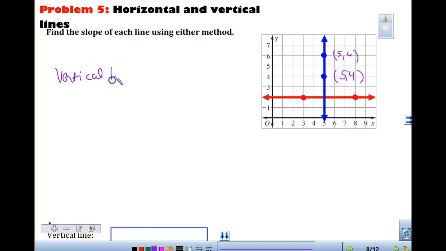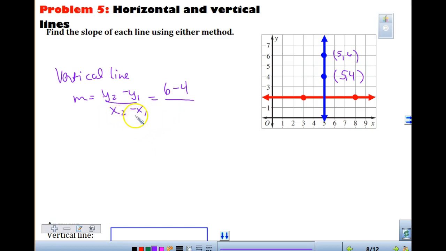So for the vertical line, if we are finding the slope, we are going to take y2 minus y1 over x2 minus x1. Zach, which one do you want to be your second point? The 6 or the 4? The 6. So we're going to go 6 minus 4, which then means in my denominator, I need to do what, Grace?